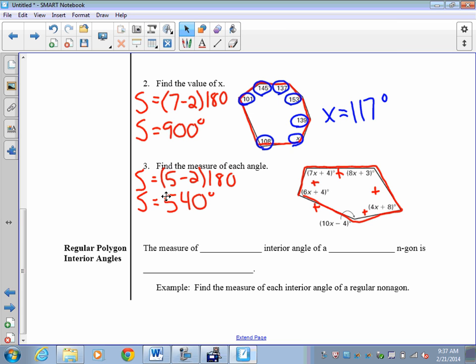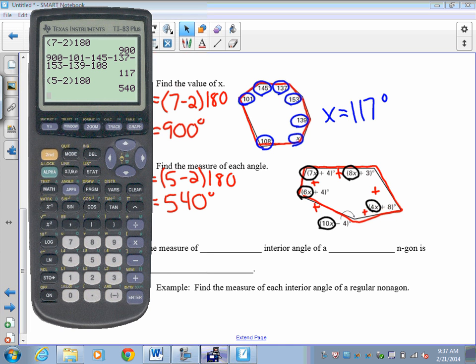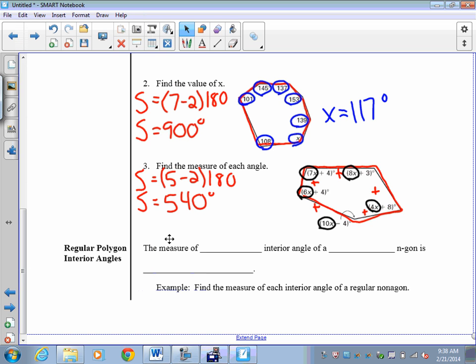So let's combine like terms. Let's take a look at the x's. So I have 7x, 8x, 4x, 10x, and 6x. It's going to be 7 plus 8 plus 4 plus 10 plus 6. Those are my x values. So I'm going to have 35x.